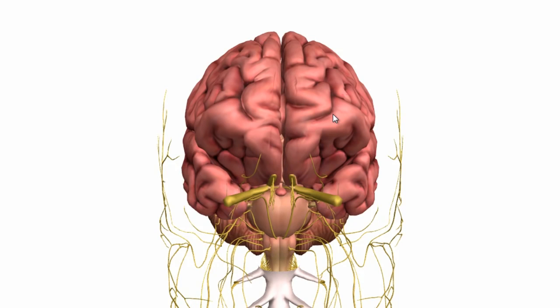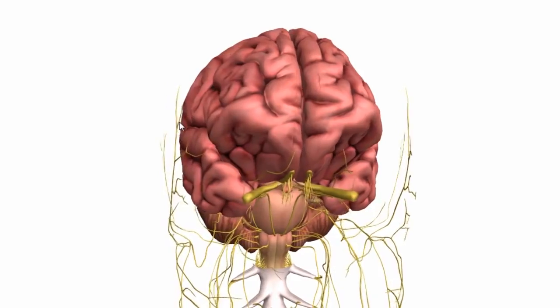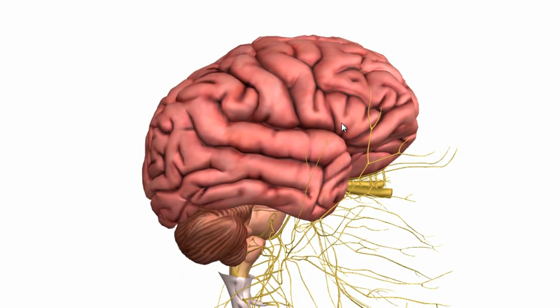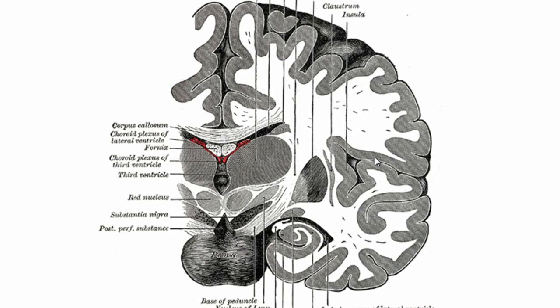So I'm just going to rotate the brain around, and I'm going to switch to a diagram to illustrate the cerebral cortex. So imagine just cutting the brain through this axis here. So we're going to take a slice of the brain down here. So we're looking at this cross section of the slice we've just taken.